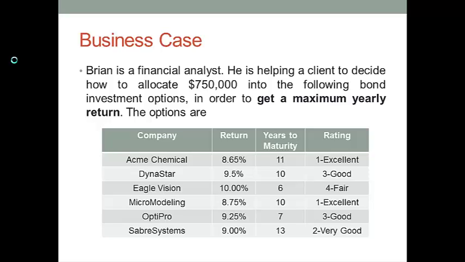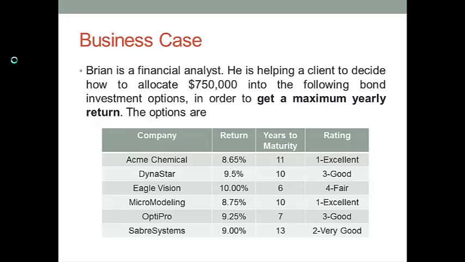Dolly told Brian that no matter which bonds you finally choose to invest in, and how much you plan to invest in each bond, I want to reach a goal. What is the goal? I want to get a maximum yearly return.